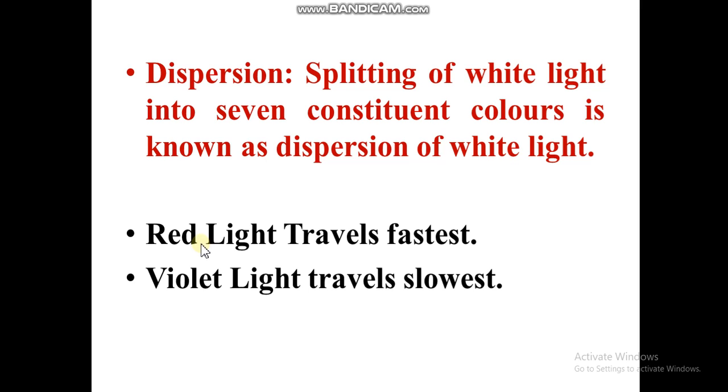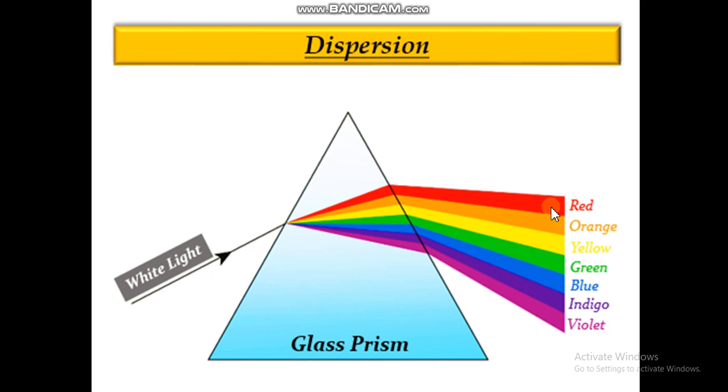The red light travels fastest in any medium. For example, in glass the red light travels fastest, and the violet light travels slowest, and in the middle we have 5 other colors. Orange travels a little slower than red, yellow a little slower than orange, green a little slower than yellow, blue a little slower than green, and indigo a little slower than blue, and violet is the slowest one.